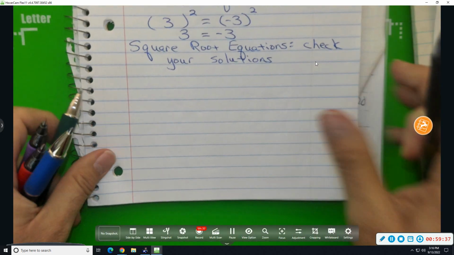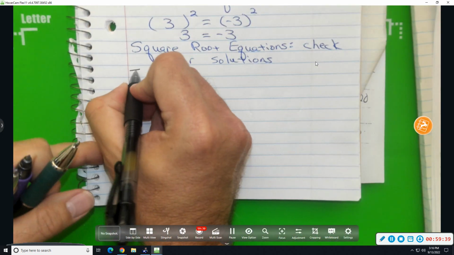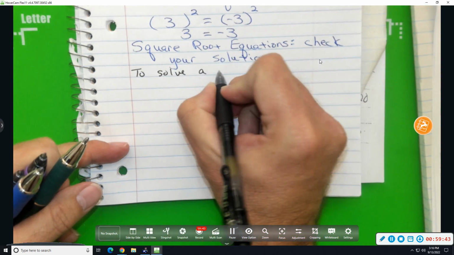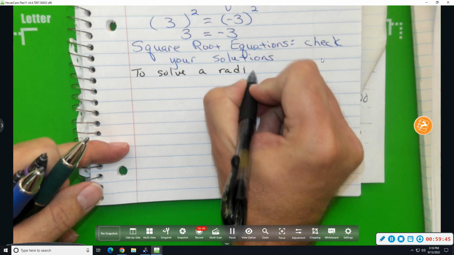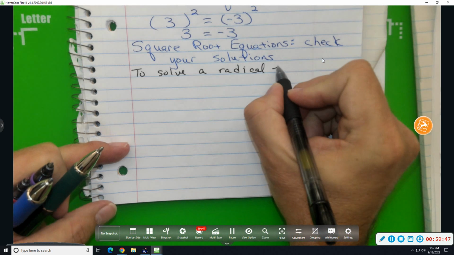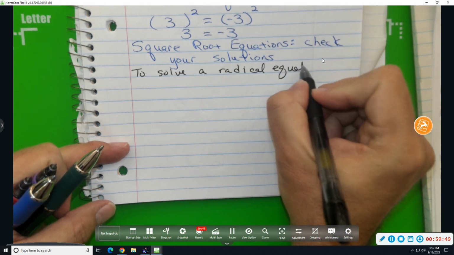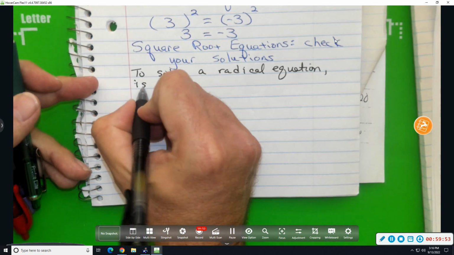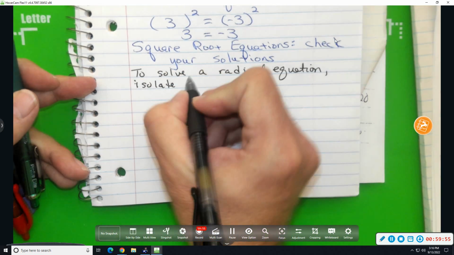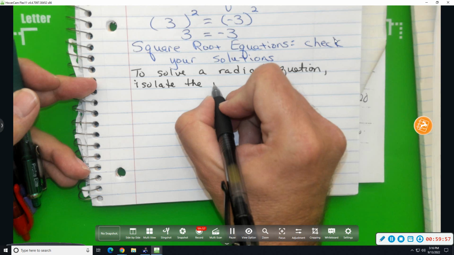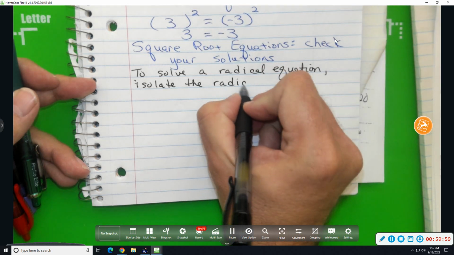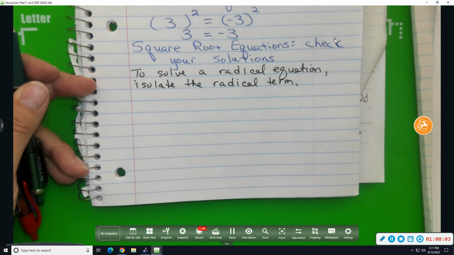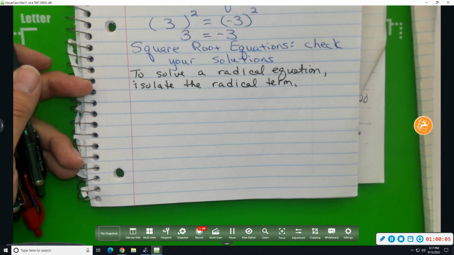The sentences help. To solve a radical equation, that's an equation that has a square root or even a cube root, isolate the radical term. To demonstrate what I mean by that, look at problem number 9.